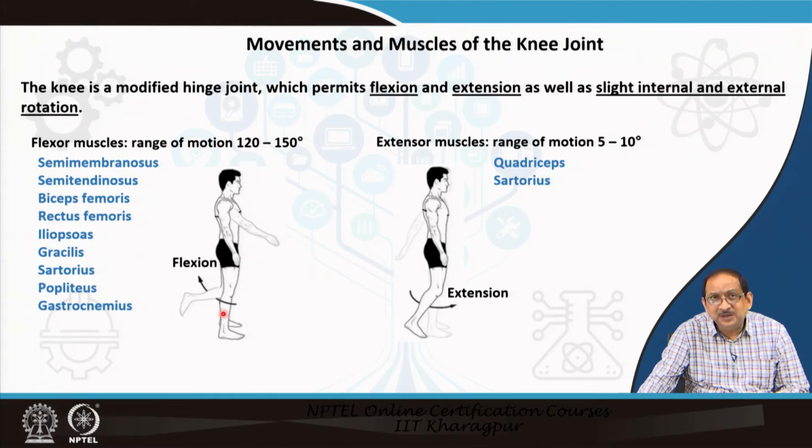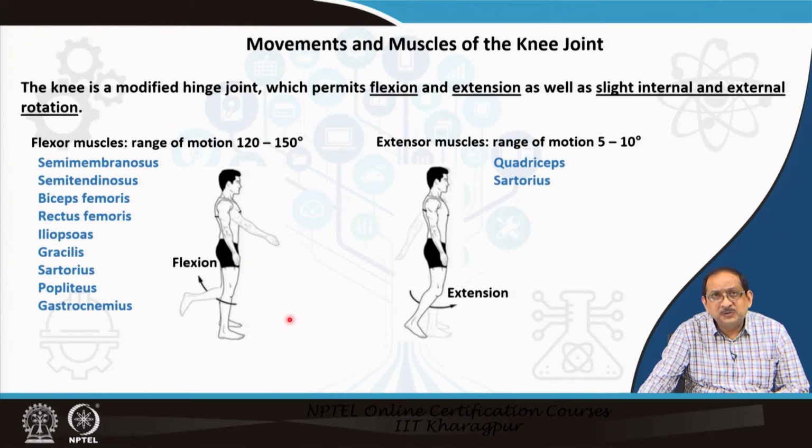Now, flexion of the knee is bending of the knee. So, we try to bend the knee, that means we try to rotate the leg, the lower part, backwards, and extension refers to moving the leg towards the front.